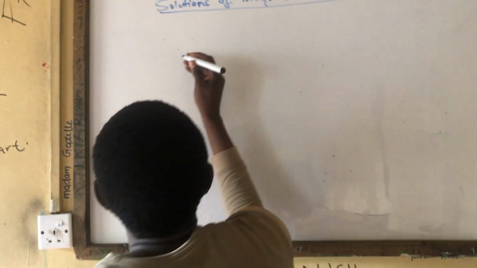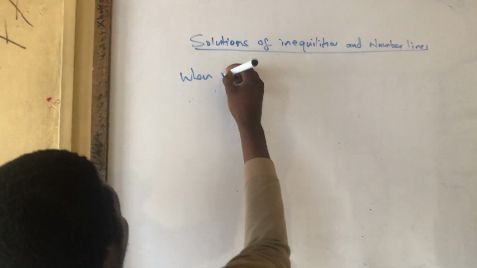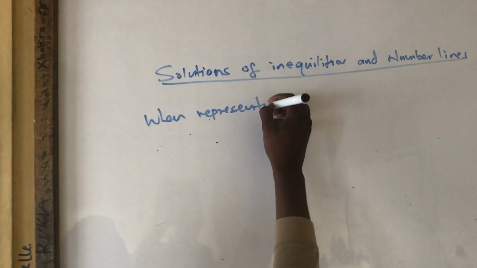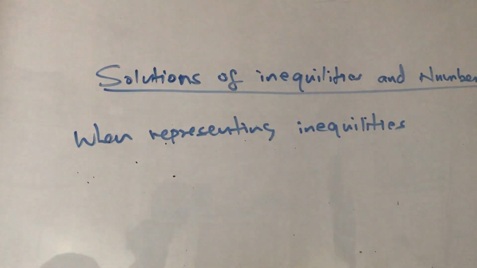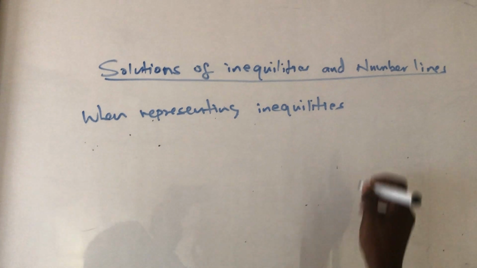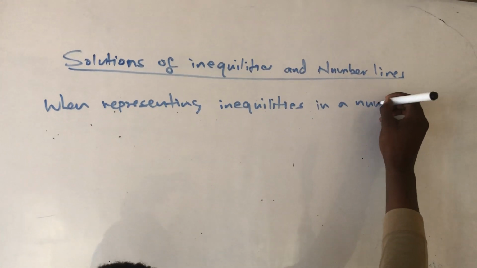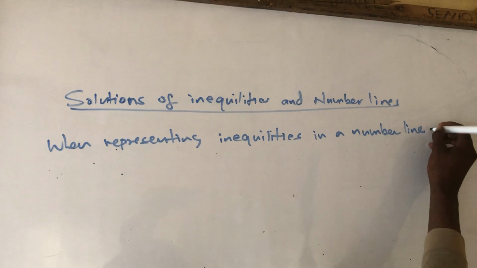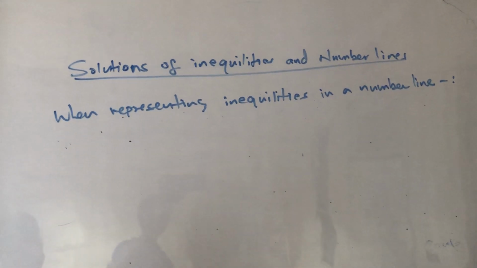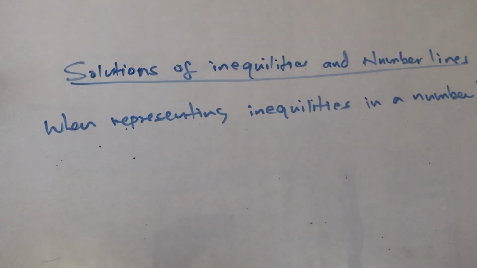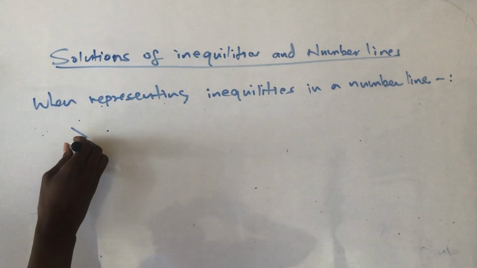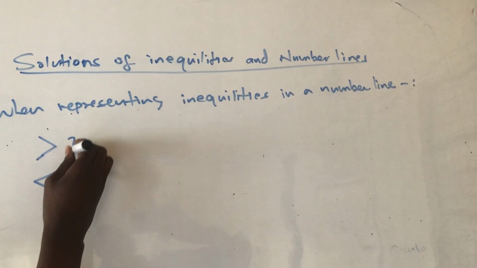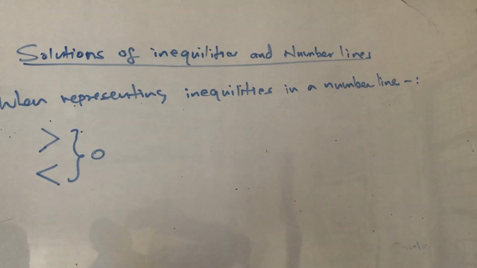First things first, when representing inequalities in a number line, do take note: these two symbols will call for an empty dot.